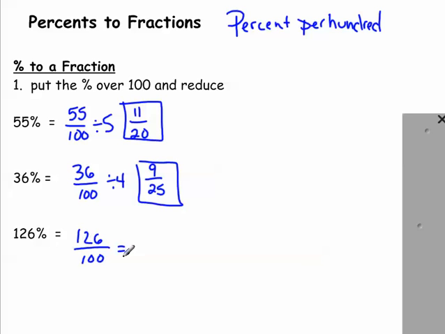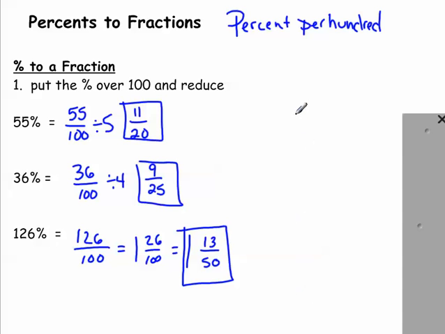So 126 over 100 is just 1 and 26 over 100. So now I just need to simplify the fraction part. So that's going to be a whole number 1. I'm going to simplify this. I'm going to divide it by 2, which will give me 13. Divide by 2, that gives me 50ths. So this is 1 and 13/50ths.